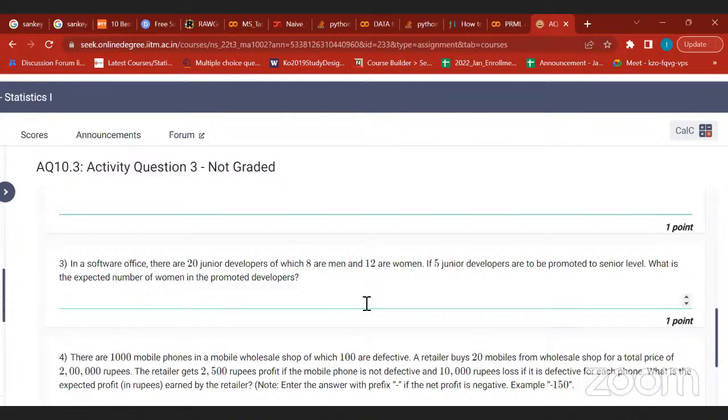Sir, I cannot understand what's the probability of the expectation variable, sir. It's like 0, 1, 2, 3. Okay, so expectation is just a number, right? So how will you find the probability of expectation?